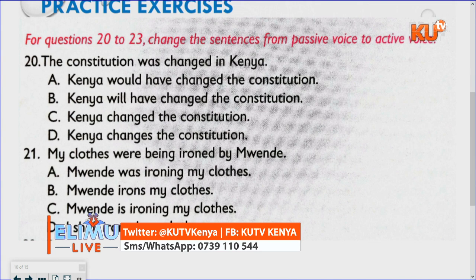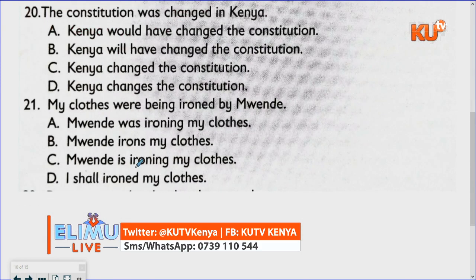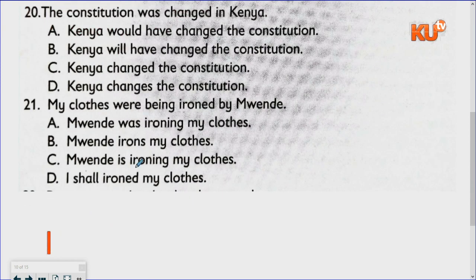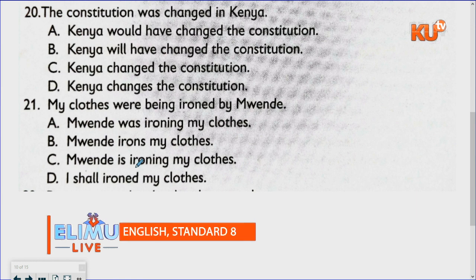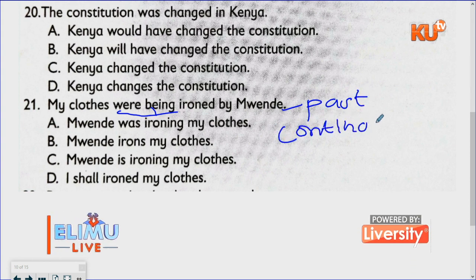Were being tells you that it is in passive voice and in continuous tense, as I had indicated before. So were being means that it is in past continuous tense. The sentence is in past continuous.